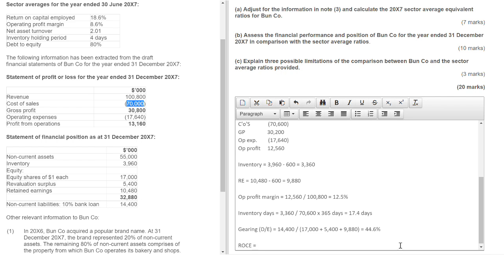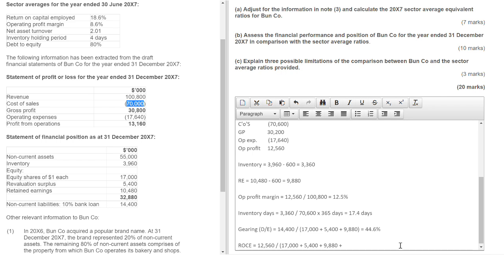Return on capital employed. What do we have there? Well, you take your operating profit, which is your 12,560, and you divide that by your capital employed. So again, what you've got here is capital employed is equity plus your net debt. So the equity is the 17,000 plus the 5,400 plus the 9,880.